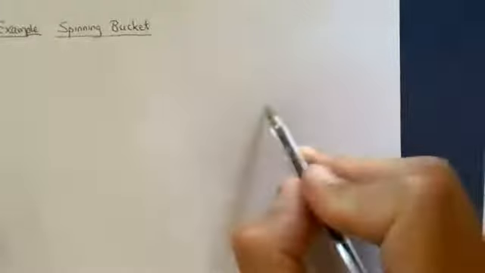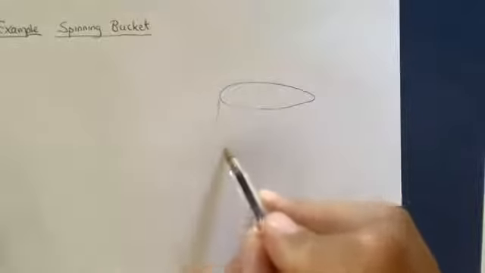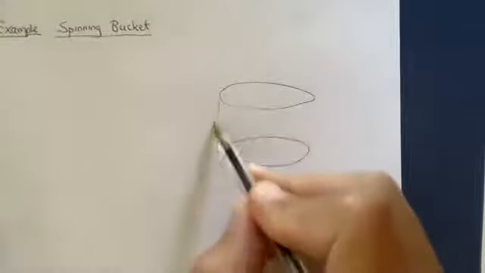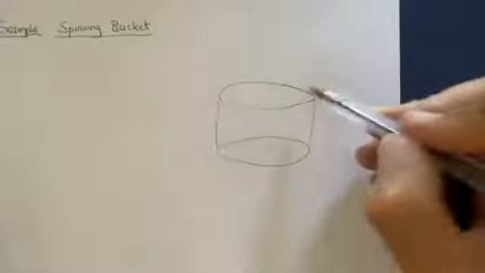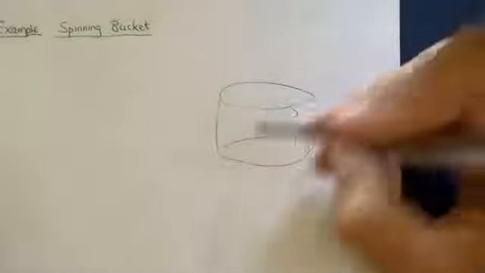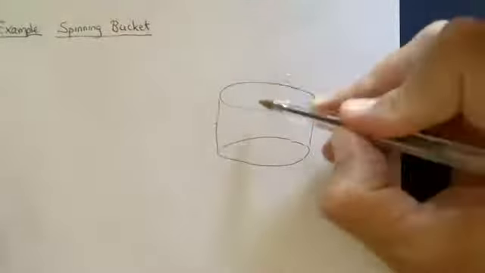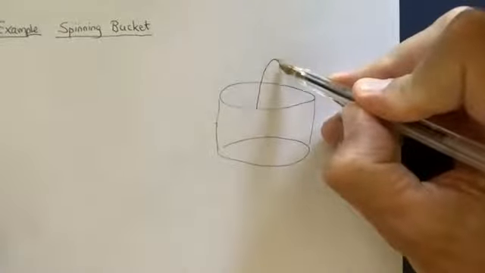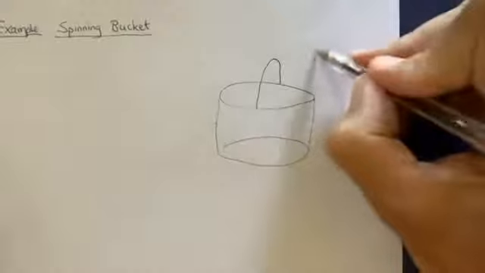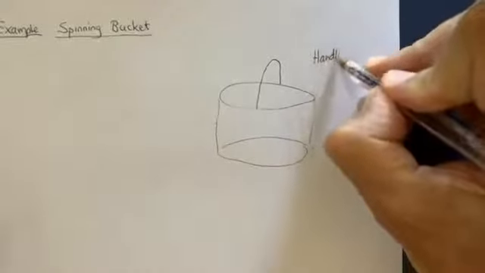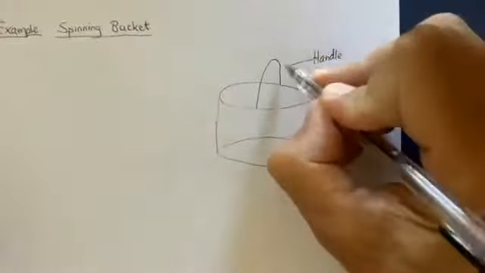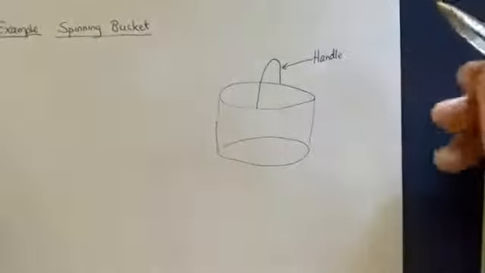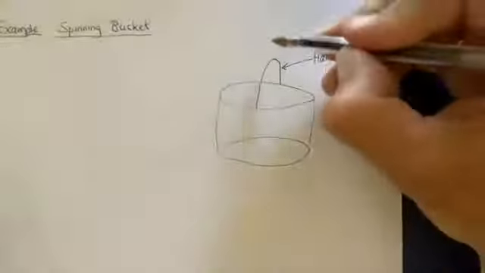We're thinking of a cylindrical bucket. Okay, that's supposed to be a cylindrical bucket. Imagine, as buckets often do, there's a handle. So this is the handle. Good, because we need to attach a string here.